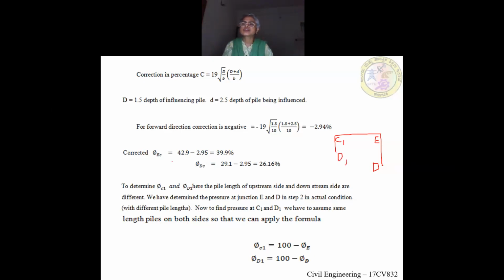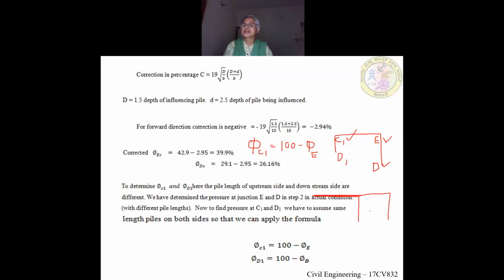So according to Koshla, phi at C1 is equal to 100 minus phi E. But actually, when we have calculated phi at E and phi at D, we have taken the actual case where the lengths are different. But now to calculate phi C1, you have to consider the same length.